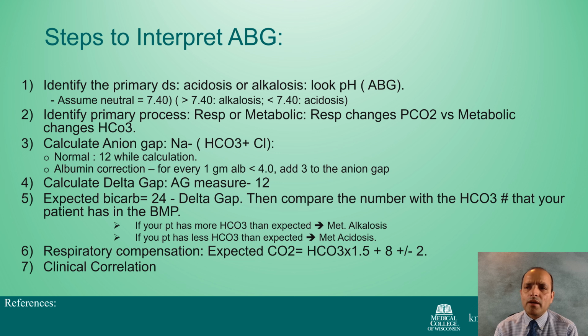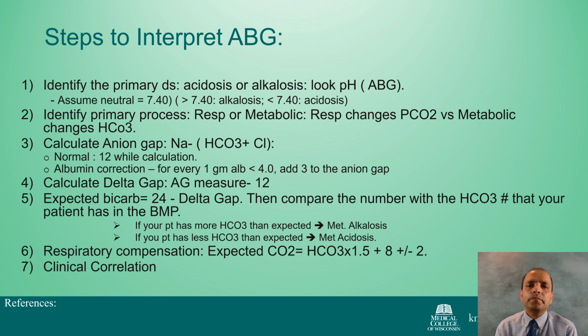Once you are done with the metabolic calculation, you calculate respiratory compensation. We calculate expected carbon dioxide by Winter's formula. Winter's formula is bicarbonate times 1.5 plus 8, plus or minus 2. So that expected carbon dioxide number you compare with the ABG carbon dioxide.